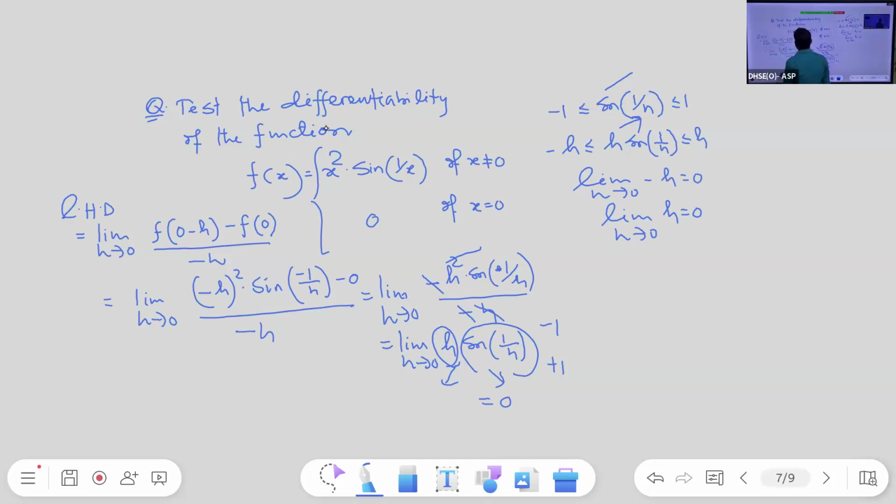Okay. Then we have to find out the right hand derivative. The right hand derivative is the limit as h approaches 0 of f of 0 plus h minus f of 0 upon h.